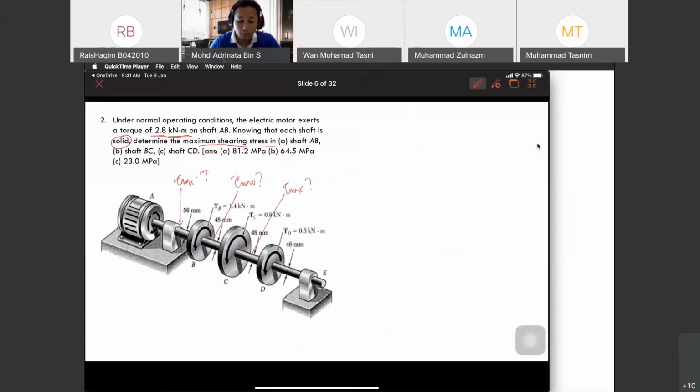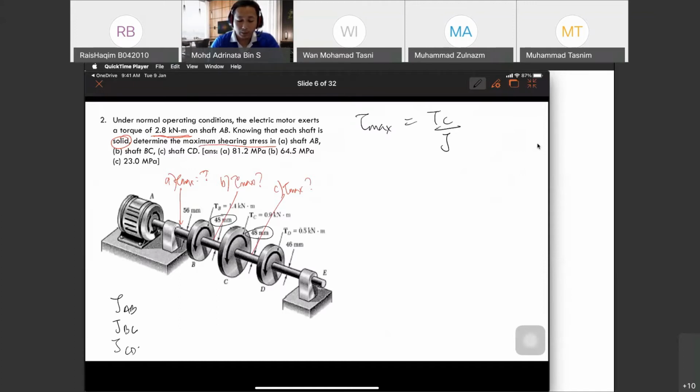So 3 lah. So ni A, B, C. Okay. Tau max equals to TC over J. Senang je lah ni. J dah diberikan, kita ada JAB, JBC, JCD. Okay. So J dah ada untuk setiap shaft. So kita ada C ni lah.